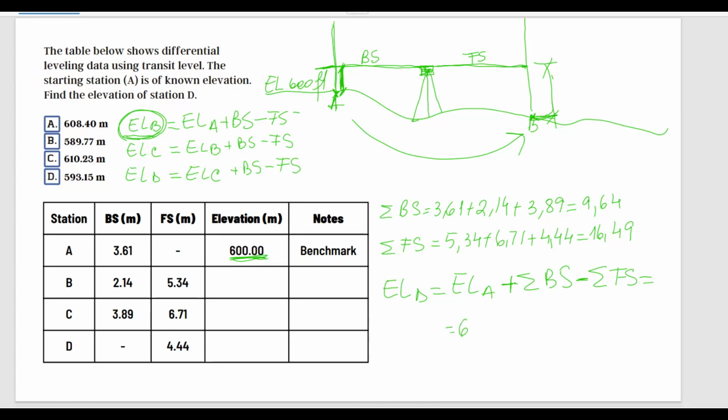So this is 600 plus 964 minus 1649 equals, and this gives me a value of 540 93.15.